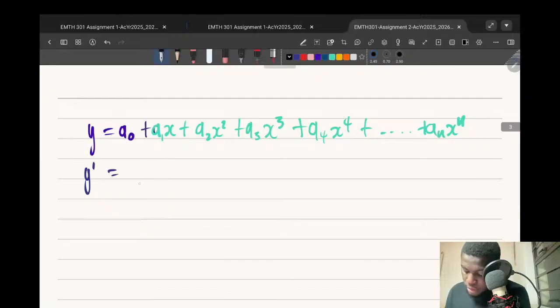So this could have become a1x, this one x squared, this one x cubed. Then this is actually the power 4. Which means that for the constants we don't have this one. If we expand this one, it doesn't matter.